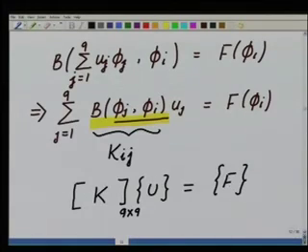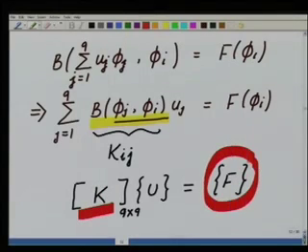Okay. So, our job is to find the entries of this matrix and of this vector. If we can find these entries, then we have assembled the matrix problem, and all that we have to do is invert this matrix.